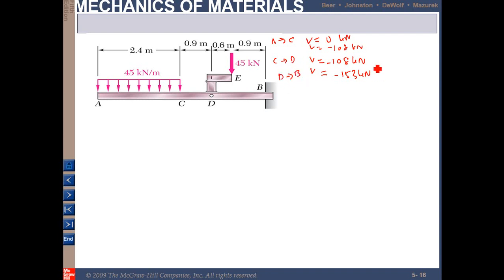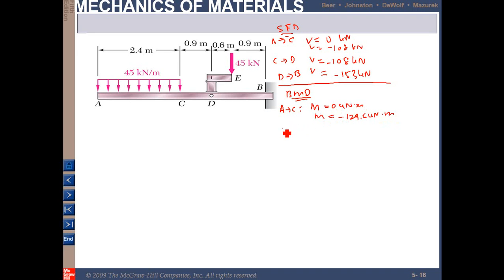Okay, and then similarly, this is for shear force, this is for the bending moment diagram. From A to C, M equal to 0 kilonewton meter, and also minus 129.6 kilonewton meter.